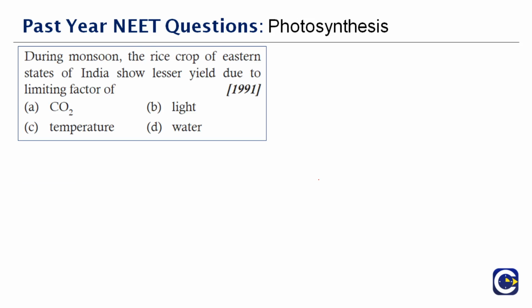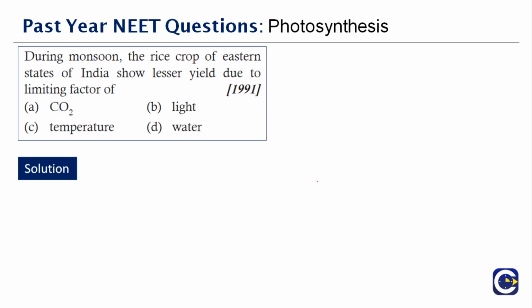Next question here. During monsoon, the rice crop of eastern states of India show lesser yield due to the limitation factor of. This is an easy question. When we talk about rice, is it C4 or C3? During monsoon, the rice crop of eastern states shows lesser yield due to the limiting factor of light.